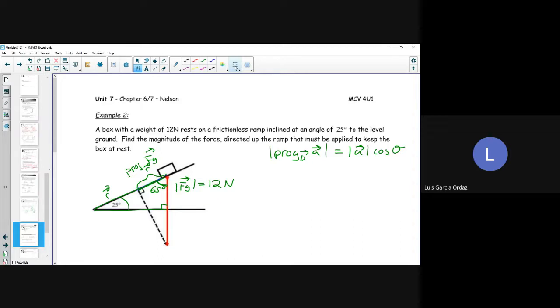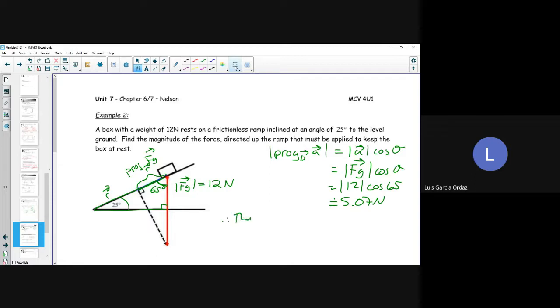So now to find the projection, I can take the magnitude of A, or F_g in this case, so magnitude of F_g times cos theta, which gives me the magnitude of 12 times cos of 65, which gives me approximately 5.07 newtons.